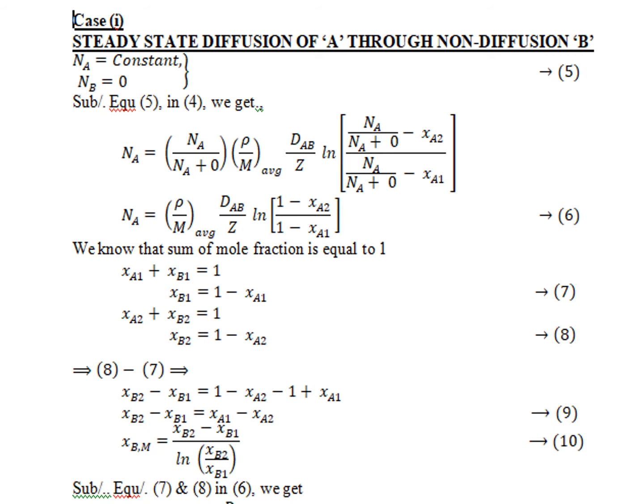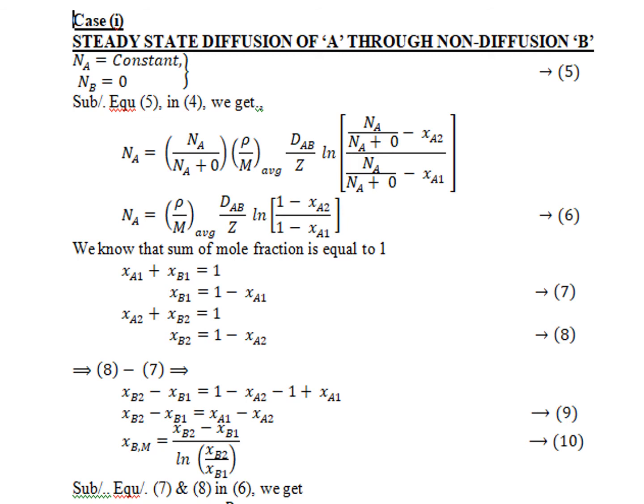Whereas counter diffusion is divided into two types: one is equimolecular counter diffusion, another one is unequimolecular counter diffusion. What is equimolecular counter diffusion? In this diffusion, one component moves opposite to another component, but the two components are equal in amount.